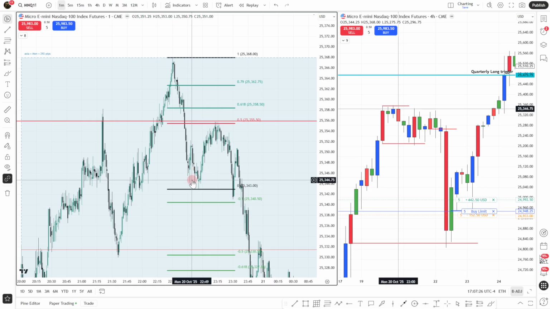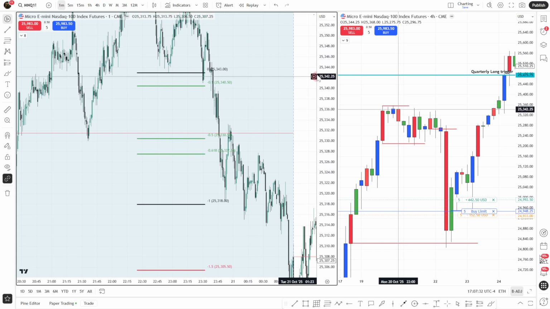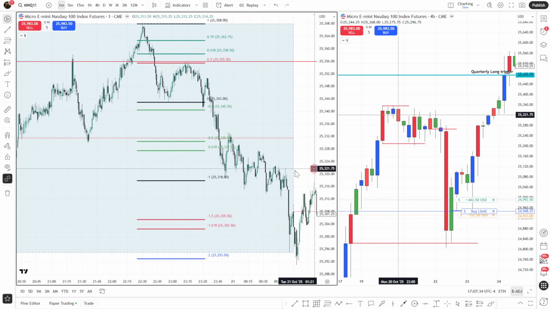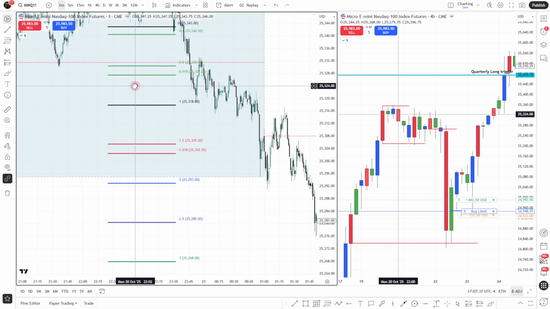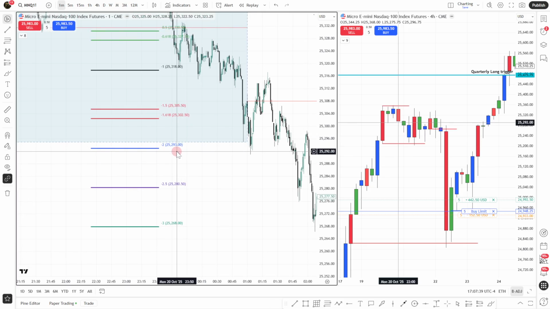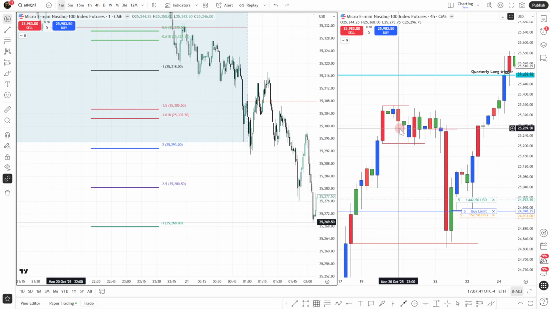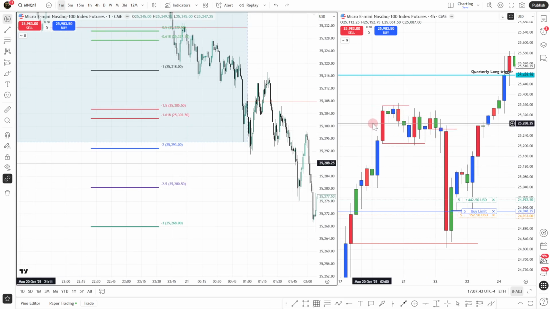We get a nice move down below that entry, and then we get the 50% retracement. Depending on where you're looking to take, if you're looking to take the low that's put in by a 4-hour candle, that could be your play. You could have take profit set right here.